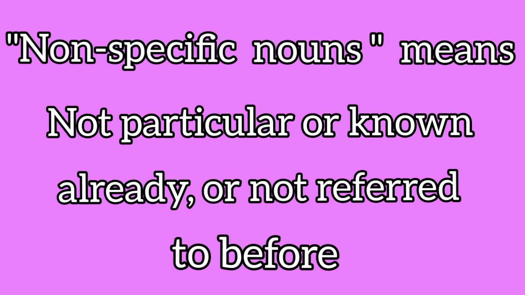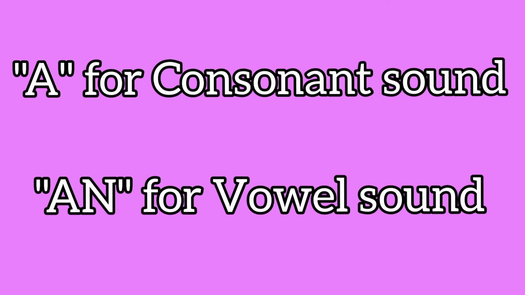A is used for nouns that start with a consonant sound, and an is used for nouns that start with a vowel sound. Here, the starting sound of the noun is important and not the spelling of the noun.